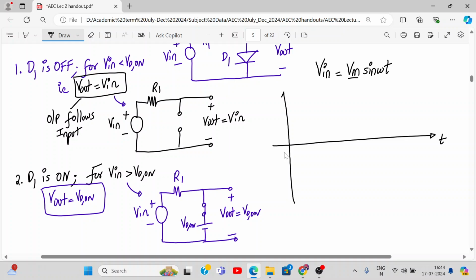We can write omega t also. This is V in. Now here I'll write 0, pi, 2 pi, 3 pi. Always draw the input as a dotted line for clipper circuits. For clamper circuits also, whatever the waveform given, just draw it as a dotted line input.